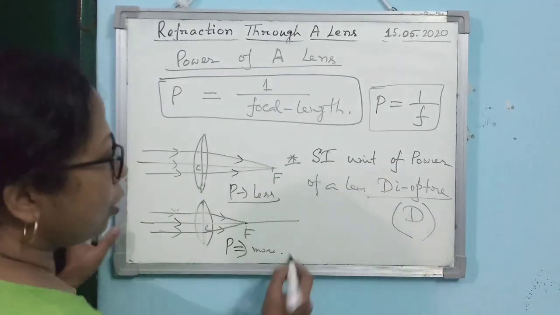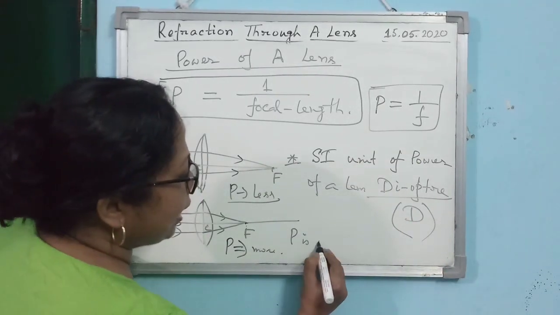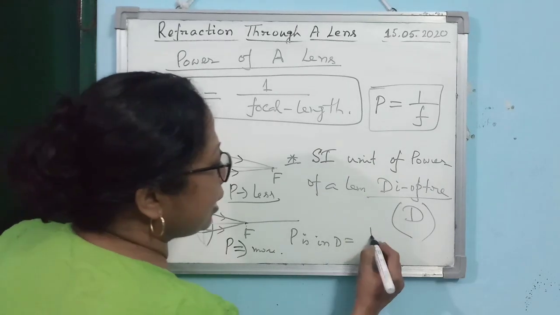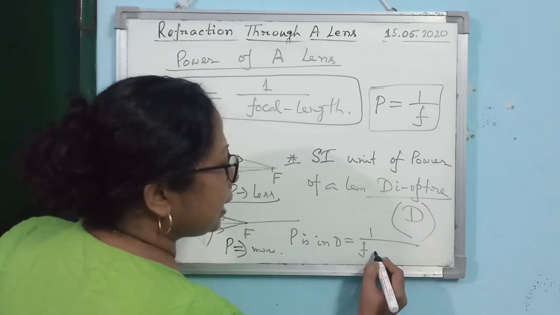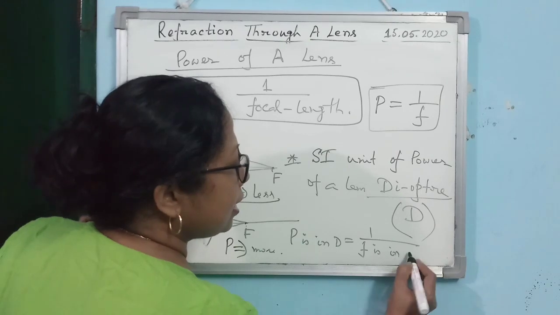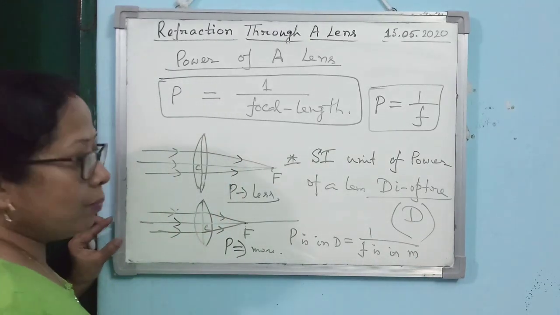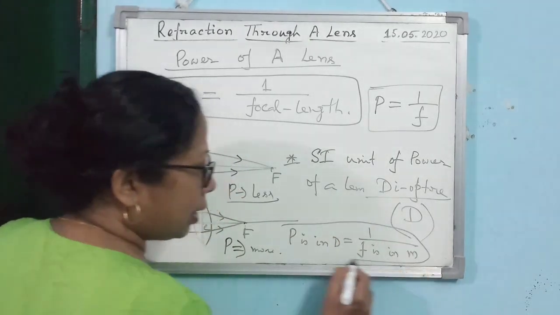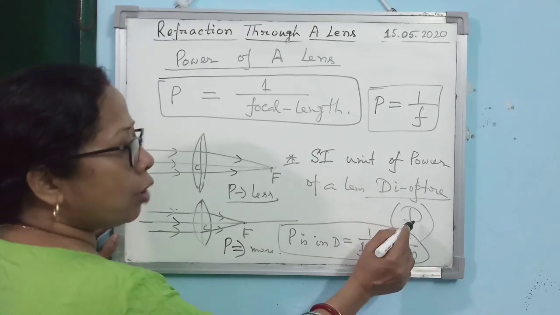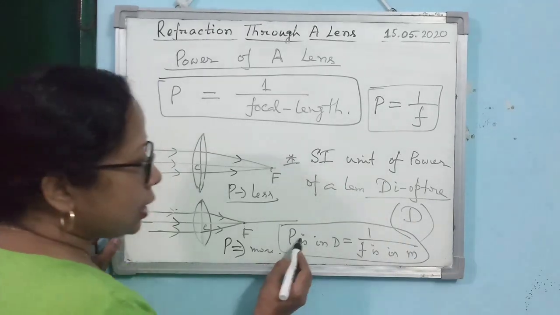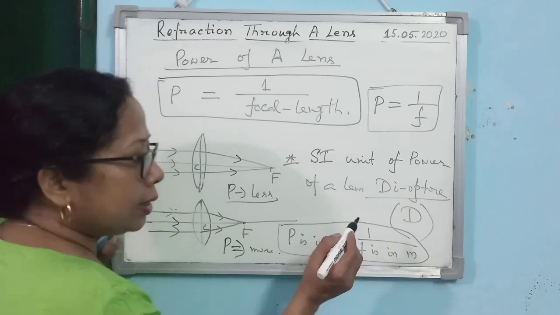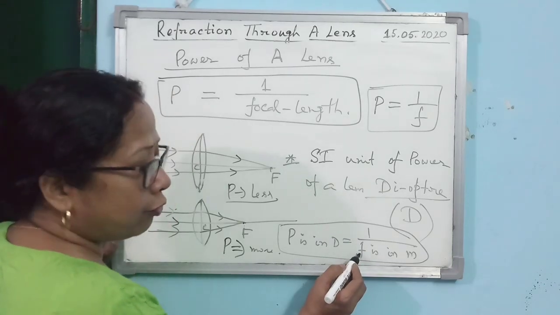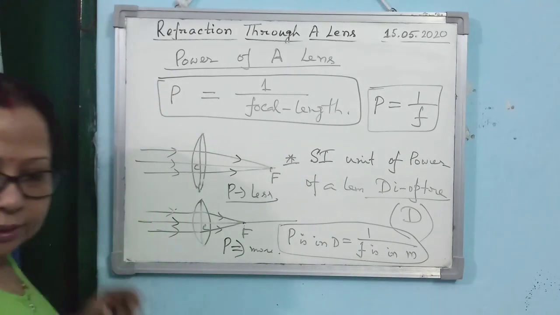So here, when P is measured in diopter, then focal length is measured in meter. Alright, this is the point you have to remember. Because SI unit of power is diopter. So as you are measuring P in diopter, then what should be the unit of F? F should be in meter.